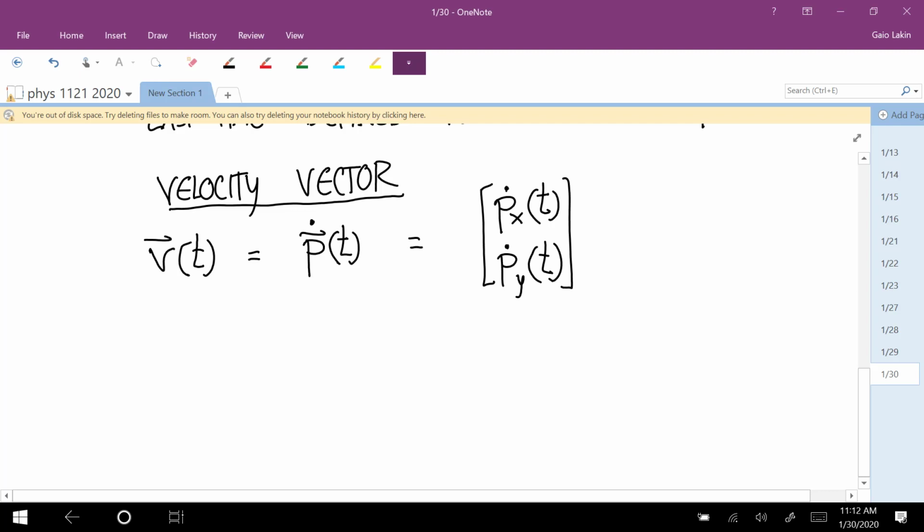Every vector has two pieces of information, two properties: the magnitude and the direction. The magnitude of the velocity vector, which you denote with the absolute value of the velocity vector, is the object's speed.